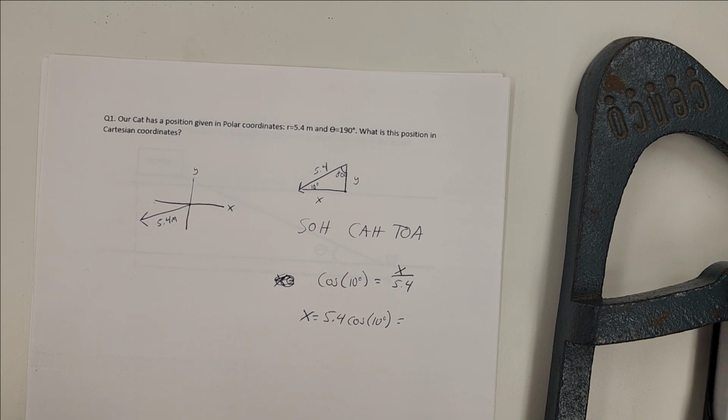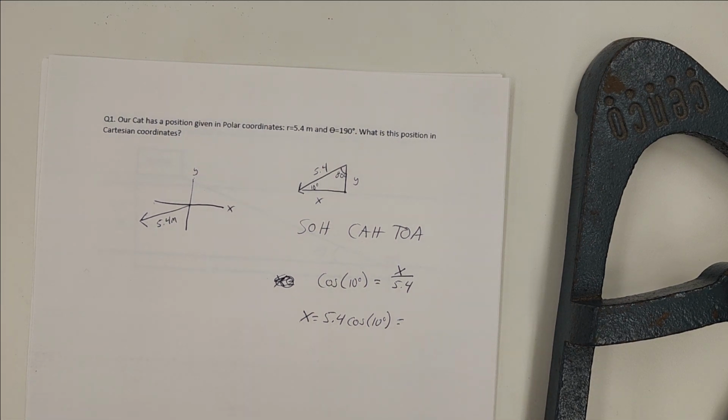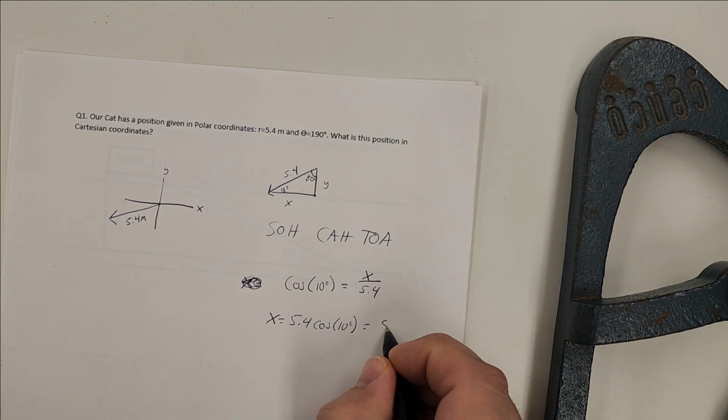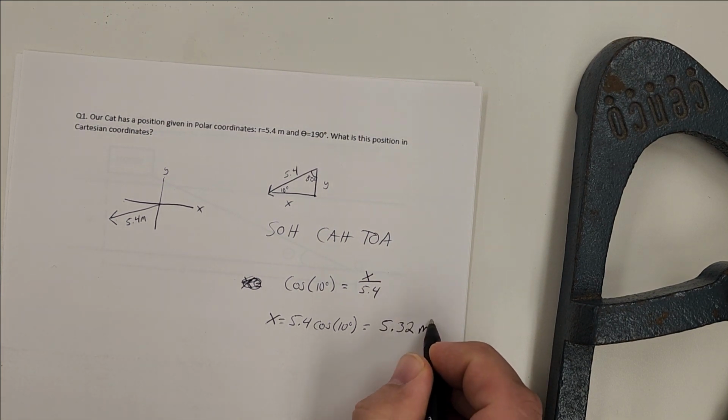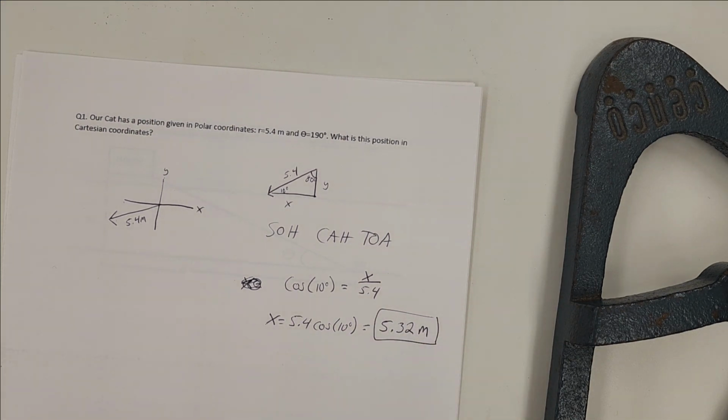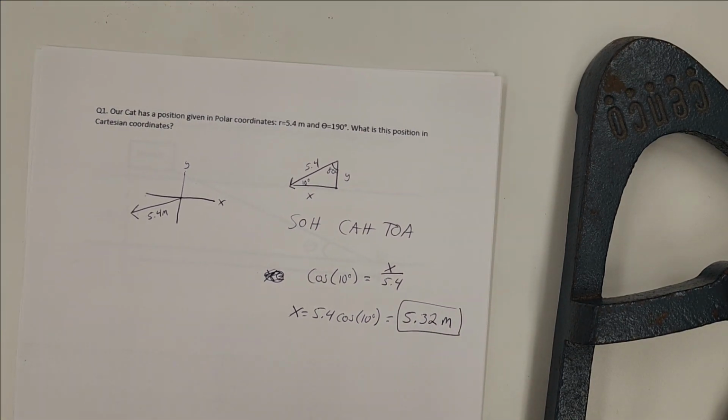Okay. If you want to go ahead, plug that into a calculator, 5.4 times the cosine of 10 degrees will get you 5.3, and we're going to round that to 2, 5.32 meters. Okay, so that's the x position.